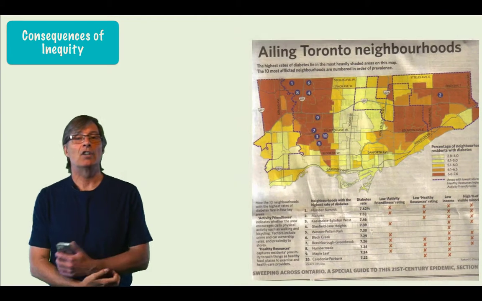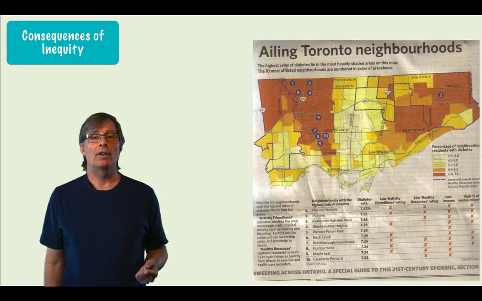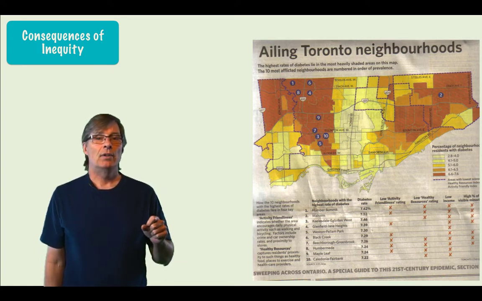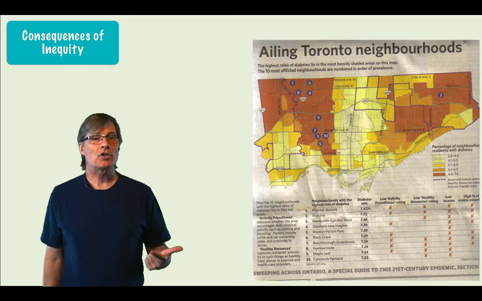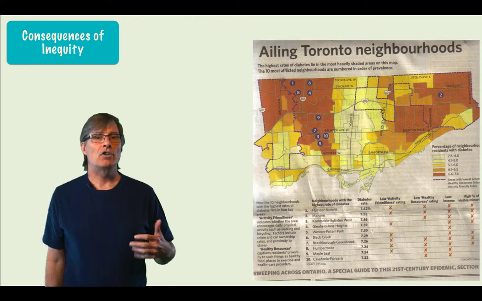Now, the two images I'm going to show you here, the first is an investigative report looking at the access that the rich and the poor have to doctors, nutritional food that's fresh, and health and recreational facilities in relationship to where they live.